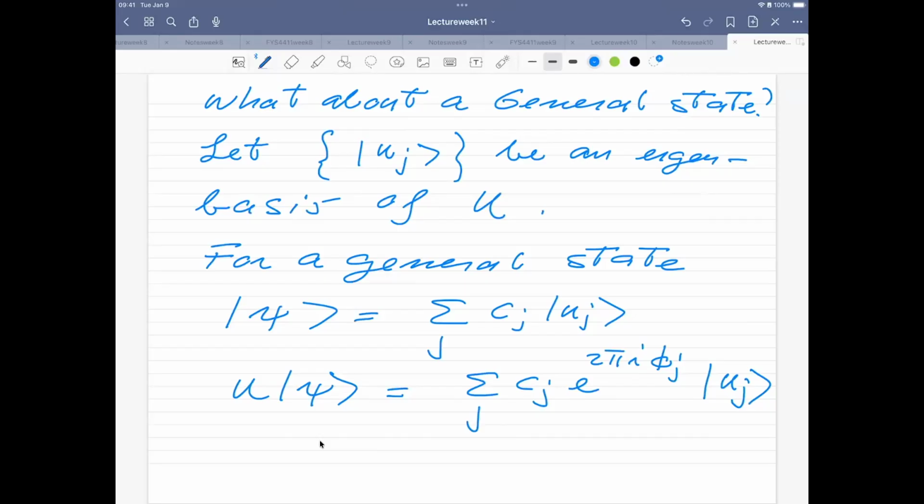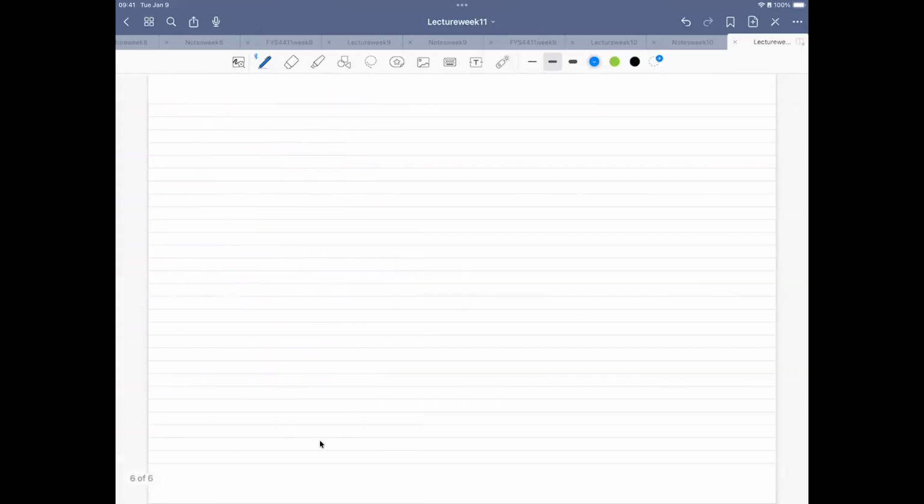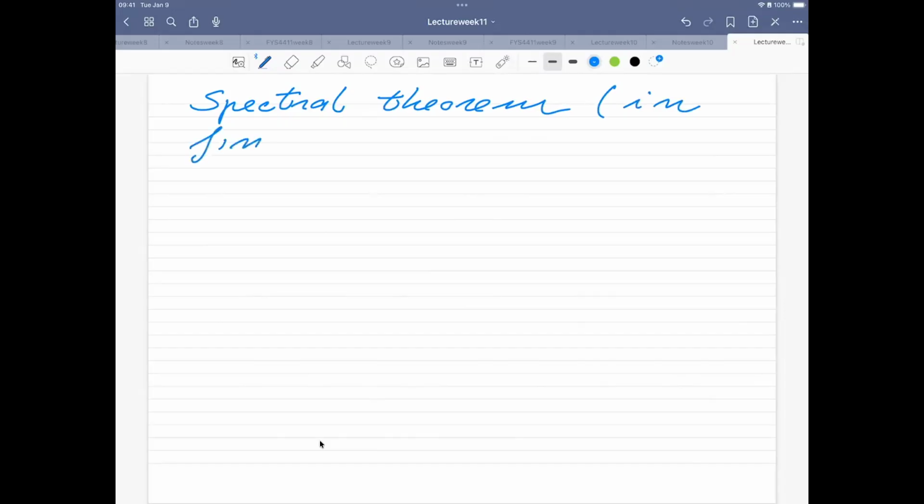But the thing which is now interesting for us is actually the spectral theorem. So let me quickly remind you of that. This is something which we defined in the very beginning of the semester. We should add here that I'm just going to deal with the spectral theorem in finite dimension.